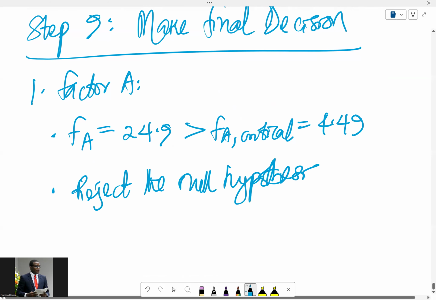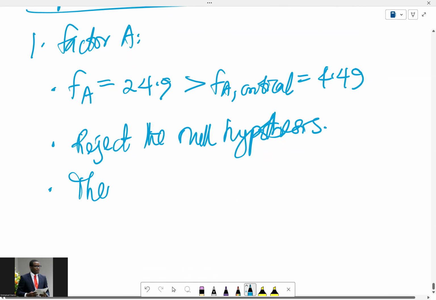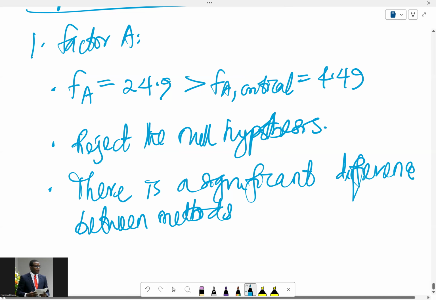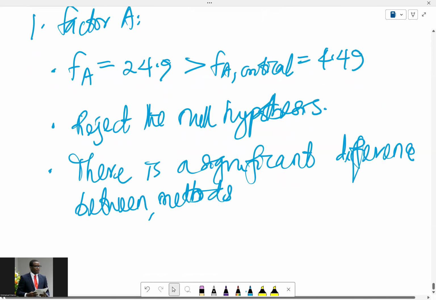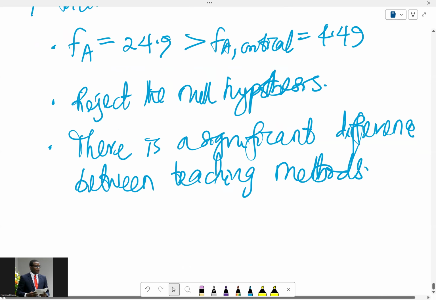That simply means there is a significant difference. Factor A is teaching method, so there is a significant difference between teaching methods. Teaching method 1 is definitely producing a different result from teaching method 2. Okay, so that goes for factor A.